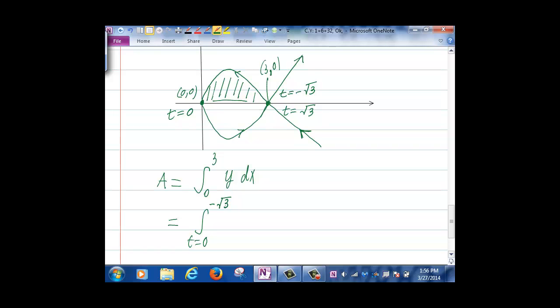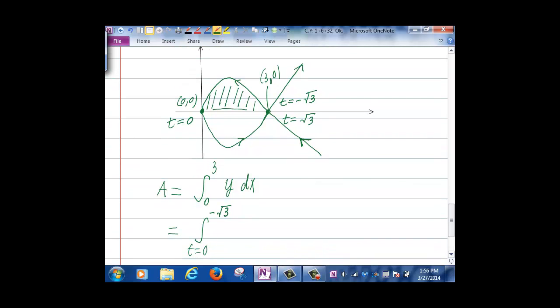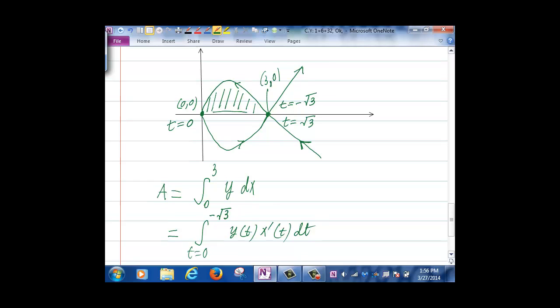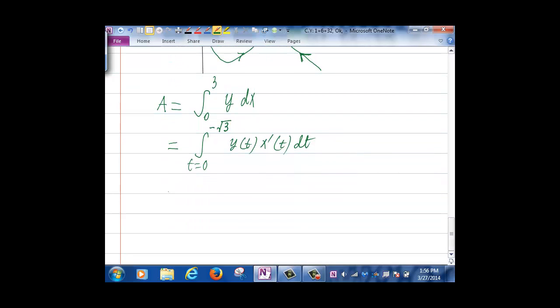And then, what is y of t? You're going to integrate y of t multiplied by x prime of t dt. What is y of t?